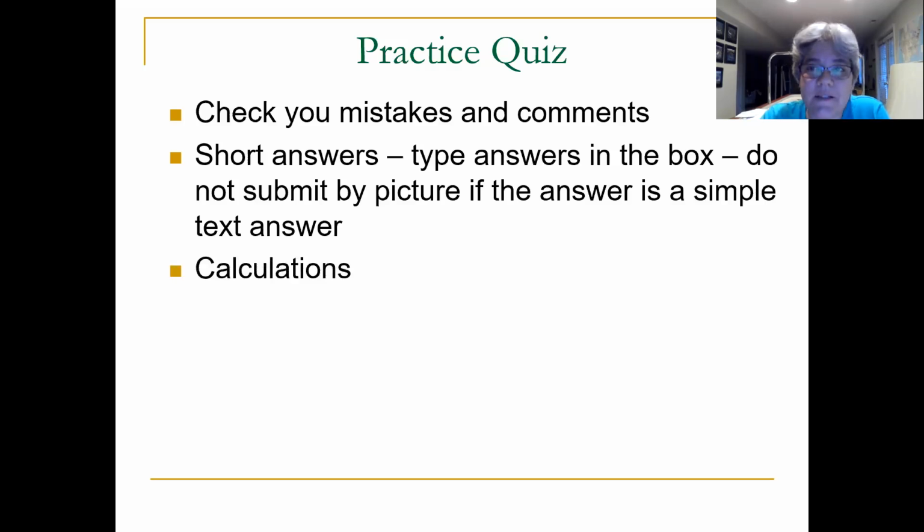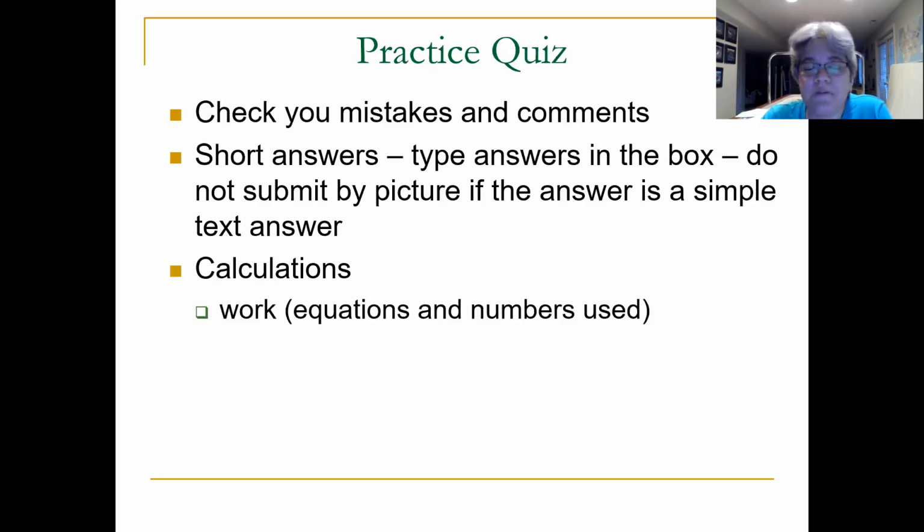For the calculations, okay, there are several things you need to pay attention to. This is true for quizzes. This is true for your homework. First, you have to always show me your work. That means your equations and the numbers you used. You have to show me both. You need to pay attention to significant figures.